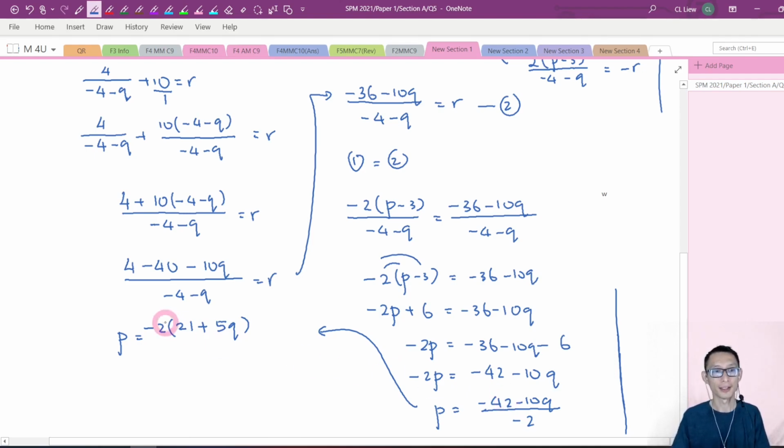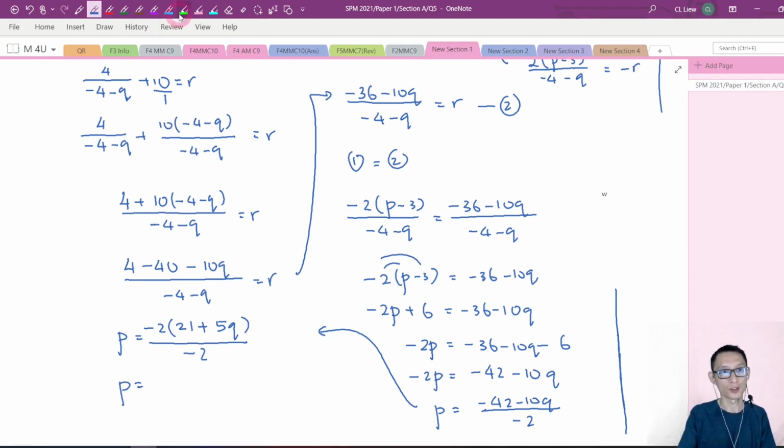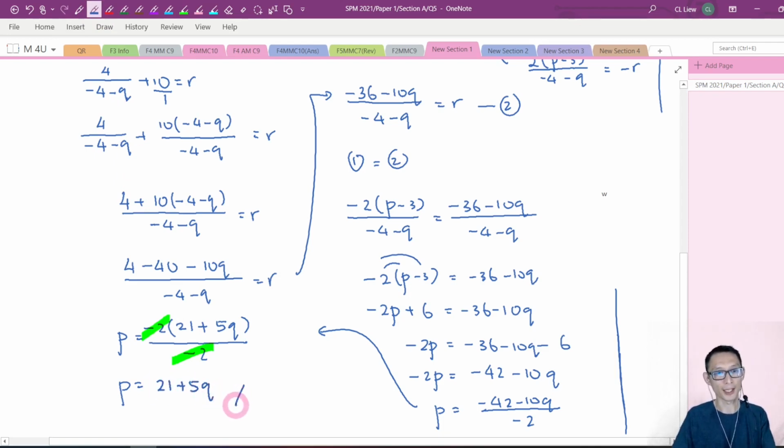Yes, correct. Negative 2 times 5q, you get negative 10q. Okay, here we have negative 2, last part. We just simplify it. So the final answer will be p equal to 21 plus 5q. Okay, let me check the answer. p is equal to 21 plus 5q. Okay, this is how we solve this sub question.